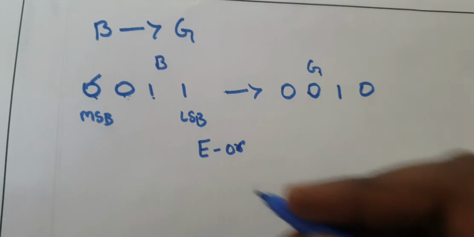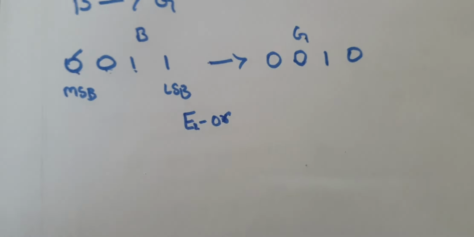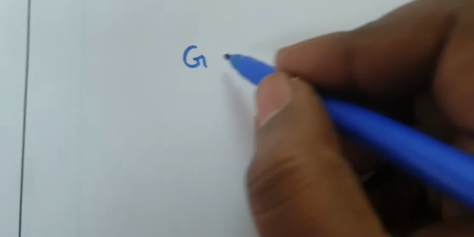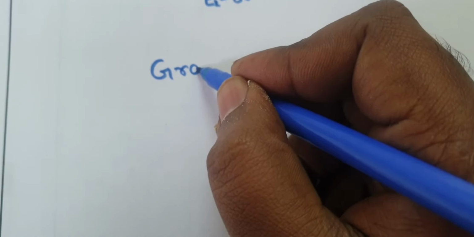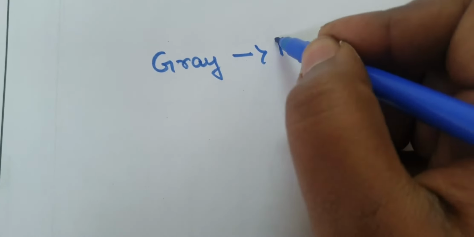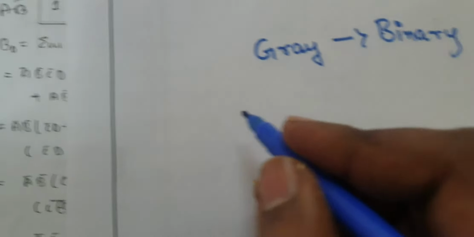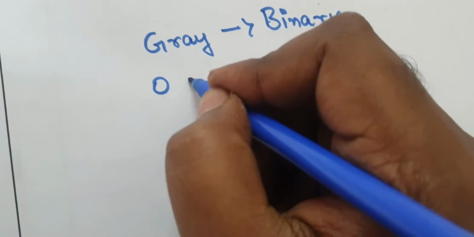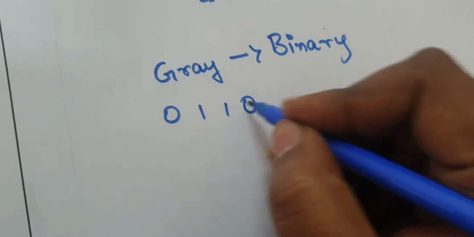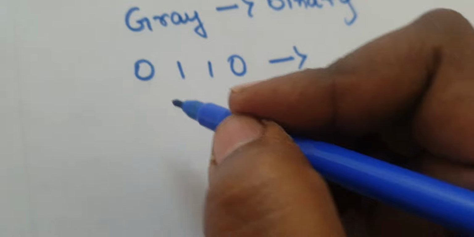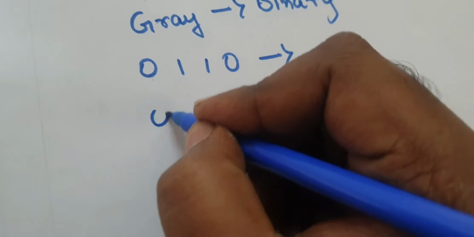Now let us take an example for gray to binary code. Let us take a gray code, for example 0110. How do we convert this to binary? Your MSB bit remains the same as before.